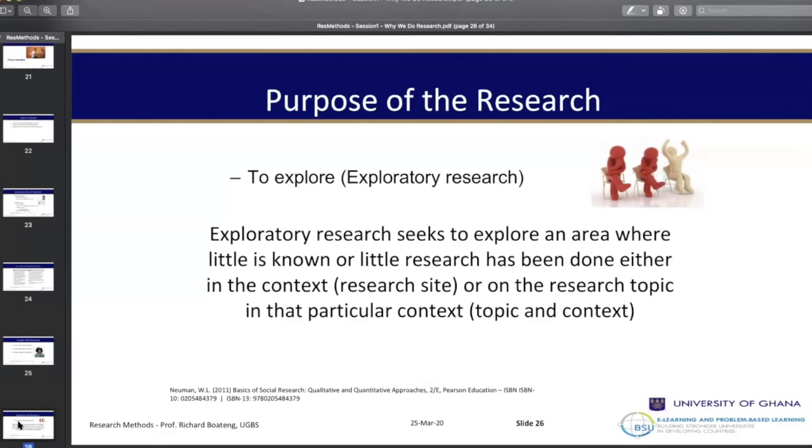However, if you choose female unemployment in a particular sector, maybe the extractive industry, you may realize that there's not much literature or much knowledge in that area. You can carry out a research to find out what are the working conditions, or what are the perceptions of employment for women in the extractive industry. You could ask questions related to that area of research that we don't know much about, and it can be exploratory in nature.